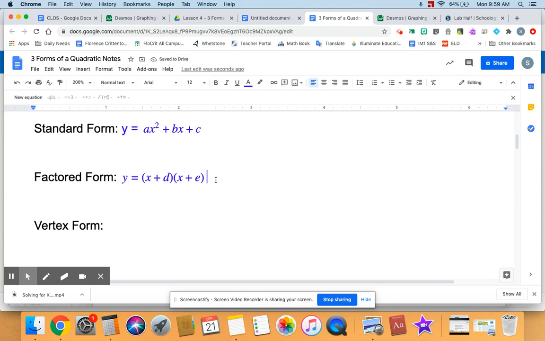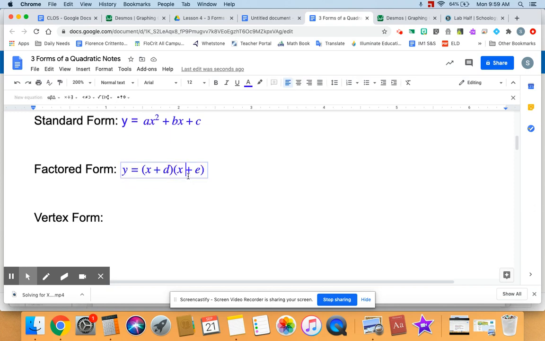This one's factored form, and the reason why is because after you factor this, it looks like this. But this is still a quadratic because once we multiply it back out, the x times this x will become an x squared. And so, yeah, this is factored form.